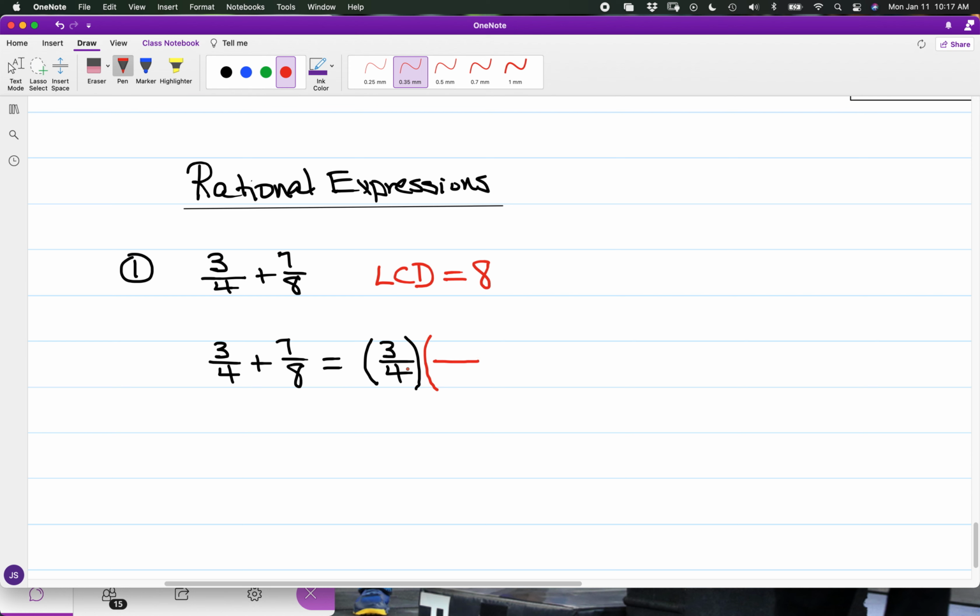But if I write in terms of 8s, what I'm going to do here is that for 3/4, if I raise 4 to 8, 4 will go into 8 2 times. So I'm going to multiply 3/4 by 1 in the form of 2 halves. And the reason for that again is that 4 will go into 8 2 times. So I had the capacity of raising the 3/4 in terms of 8s, and I'm still multiplying by 1, which still preserves the value overall of 3/4.